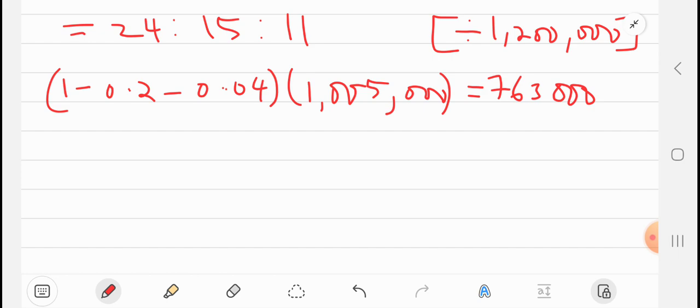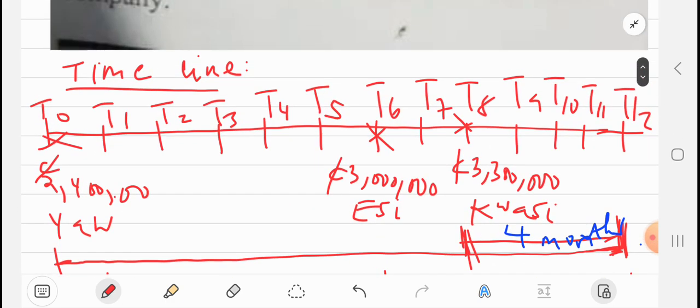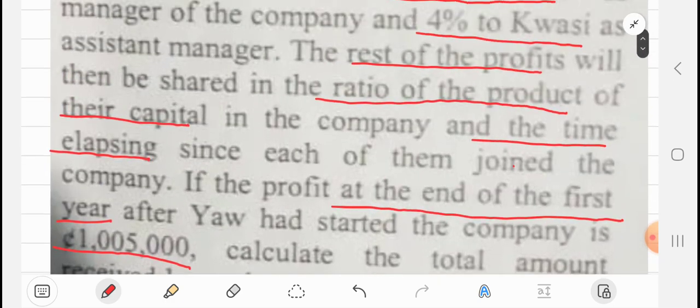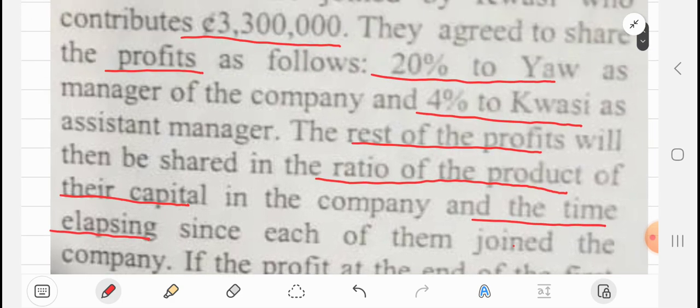Okay, so what we have done here, we have looked at this part of the question, and this part of the question is saying 20% to you as manager of the company and 4% to Kwasi as assistant manager. The rest of the profits will then be shared in the ratio. So in other words, we're looking at the rest of these profits now.